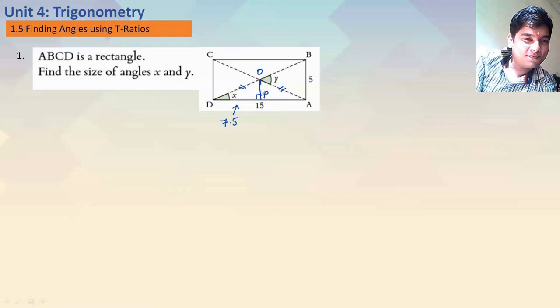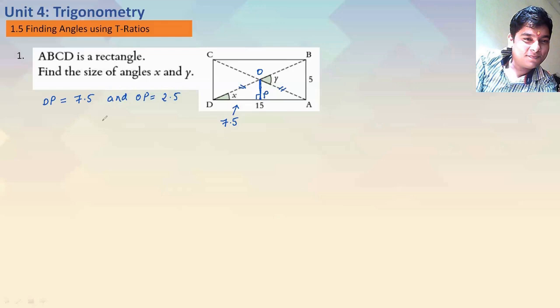It's 2.5, because at this point O will be right in between the breadth. So let me just write it for you. DP is 7.5, and OP will be 2.5.